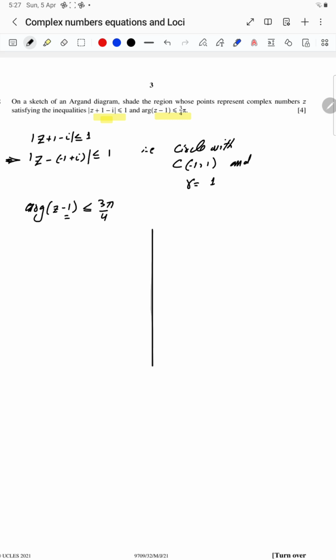Here, this is the Argand diagram, real of z, imaginary of z, and first plot the circle. This is 0, here is -1, -2, -3, -4.